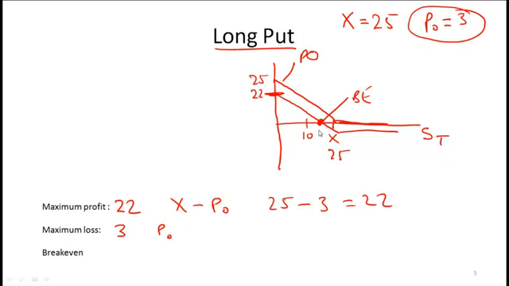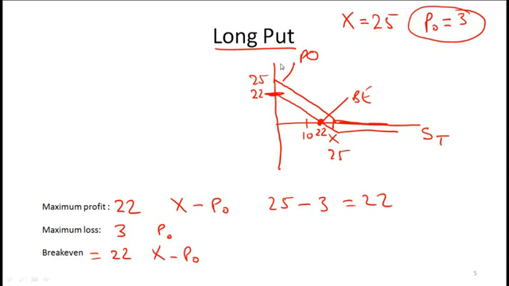So that's our break-even point at 22. And again, how did we get 22? That is simply equal to the strike price minus P0, so X minus P0. So that is our break-even point for a long put.